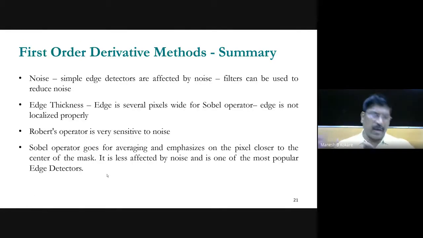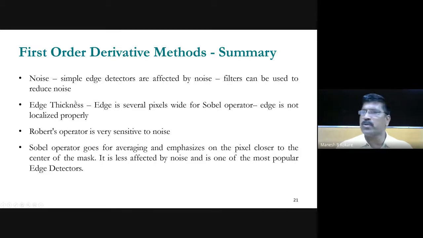Now if you summarize the first order derivative method, simple edge detectors are affected by noise, and filters can be used to reduce the noise. You might have seen that in the image edges detected by the Roberts operator, Sobel operator or Prewitt operator, there is a presence of noise.